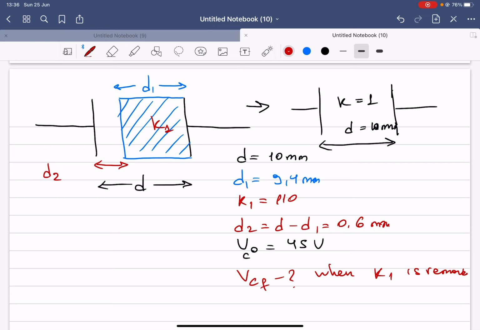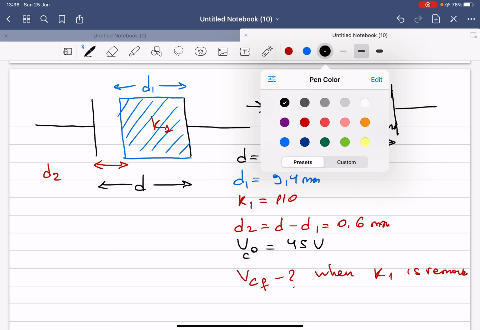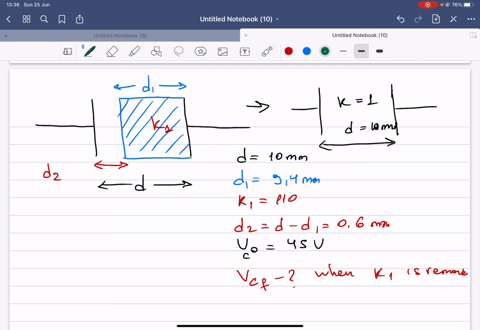First of all, let's look at the formula of the capacitor. The general formula of the capacitor when we have a dielectric in it is defined as C equals K epsilon naught times area of the capacitor divided by the distance.